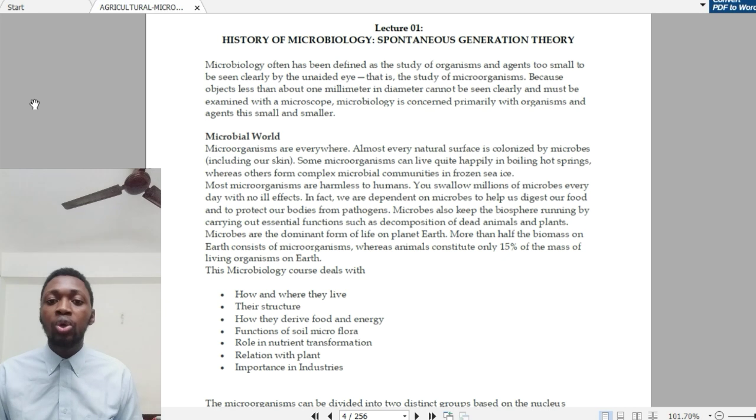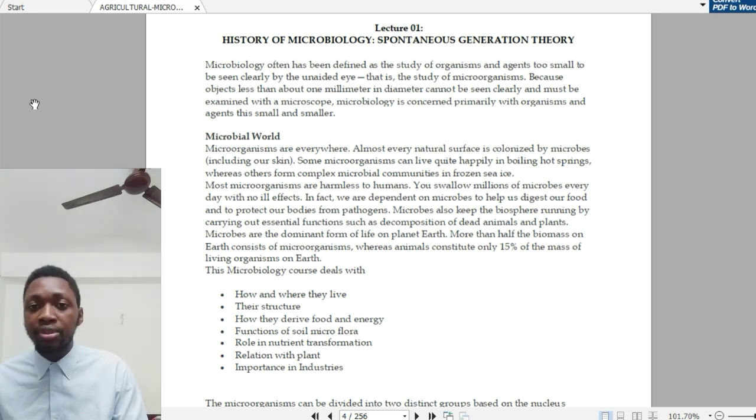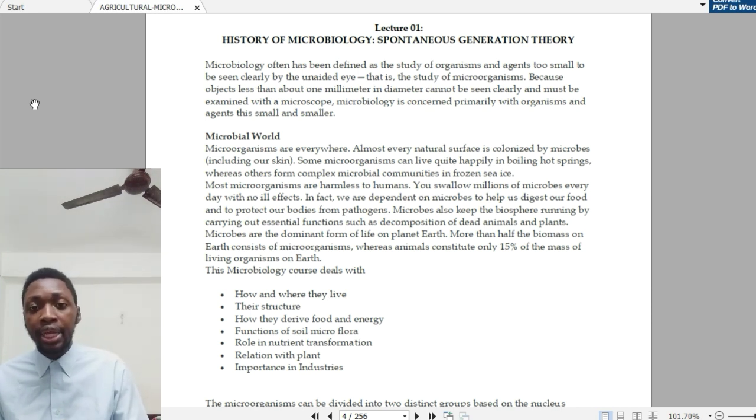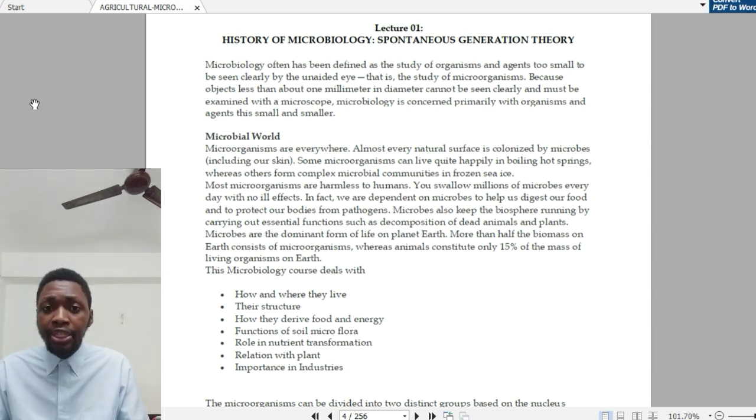This microbiology course, the one I'm going to talk about for a period of time, deals with microorganisms. It deals with how and where they live, their structure, how they derive food and energy, how they survive, how they adapt to the environment, and how they reproduce.